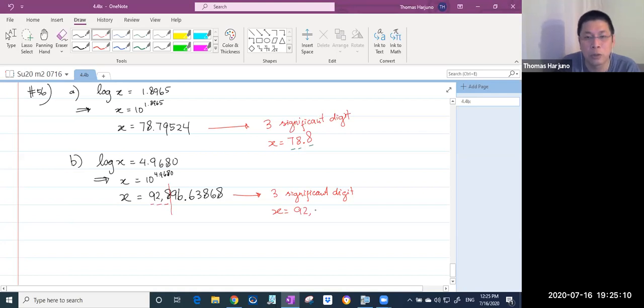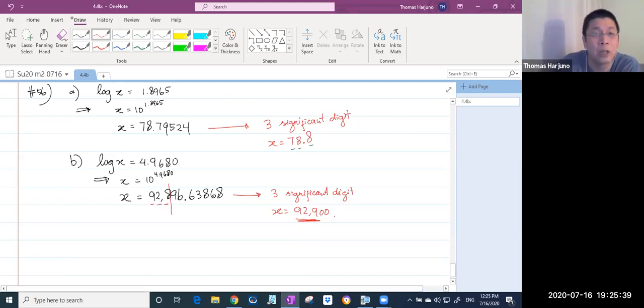So 92,900, that's it. That's the 3 significant digits. The numbers after that are 0, so they don't count as significant, in the sense that that's how they round it. They just want to see 3 important numbers.